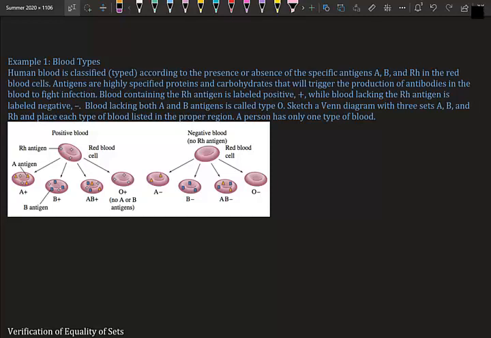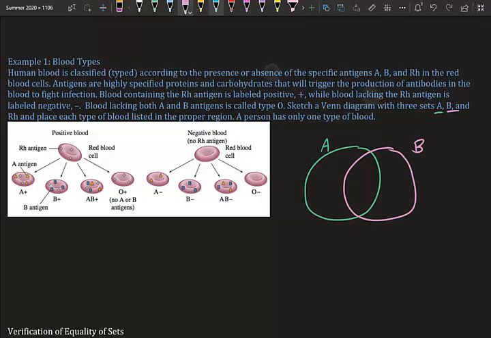All right, it's telling us that we have 3 sets. We have set A, we have blood type B, which is set B, and then we have blood type Rh, which is set Rh.